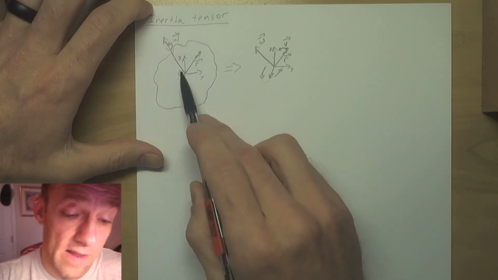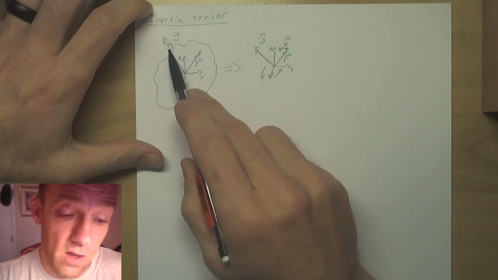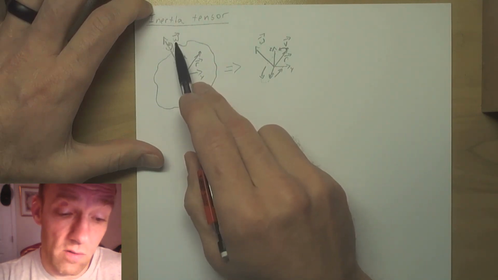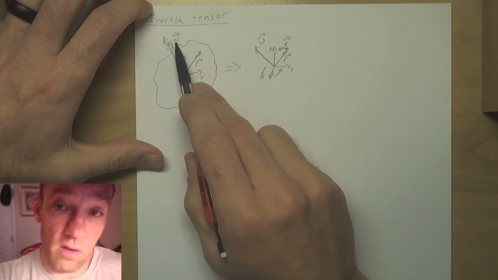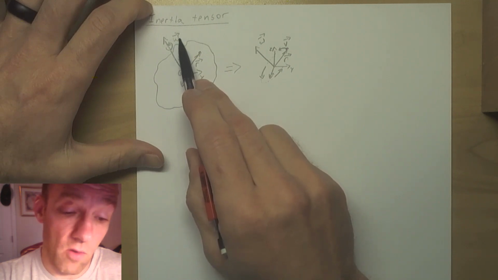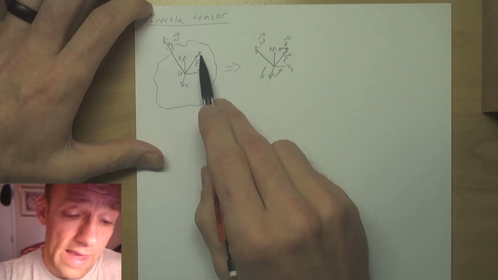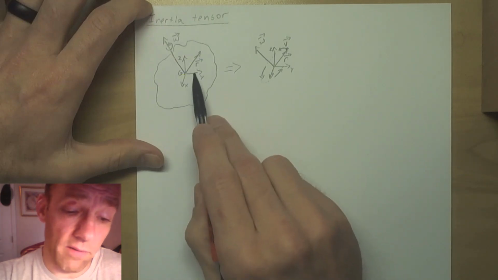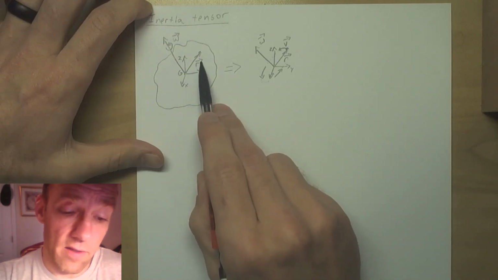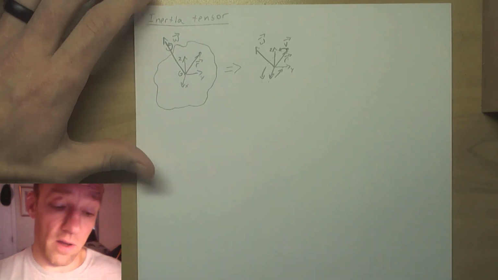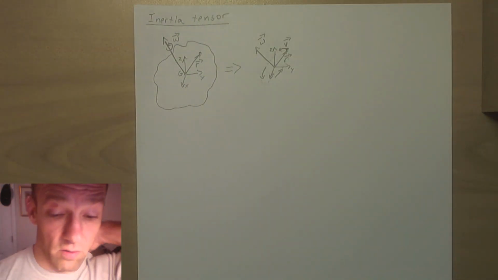Now this object is undergoing a rotation signified by the angular velocity, omega, and then we picked out a random point within the object, and its position is signified by the position vector r.